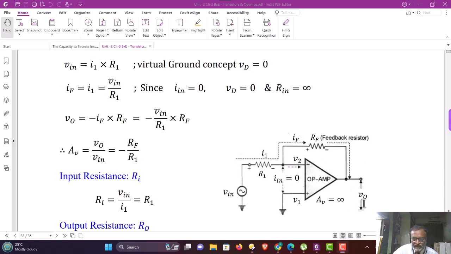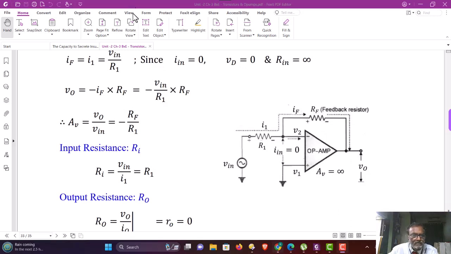Therefore, VO effectively appears across RF with the output terminal negative and the common terminal positive. Therefore, we can write that VO is nothing but the voltage drop across RF. Since the current through RF is IF, we can write VO is equal to minus IF into RF.